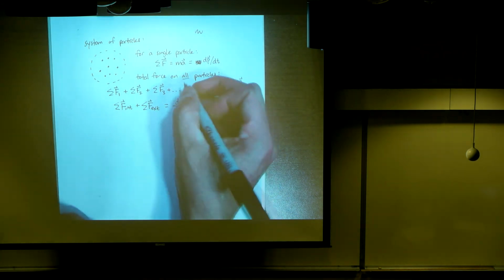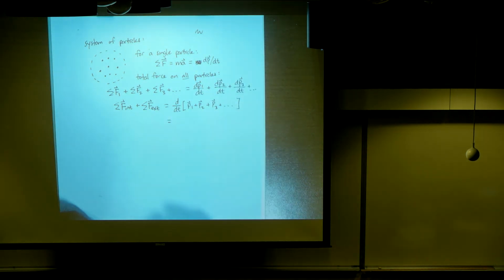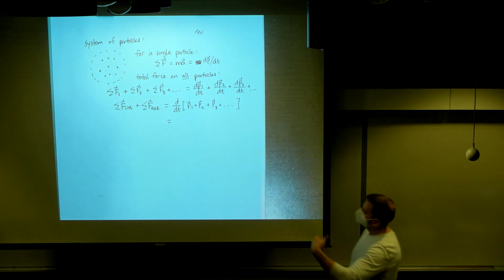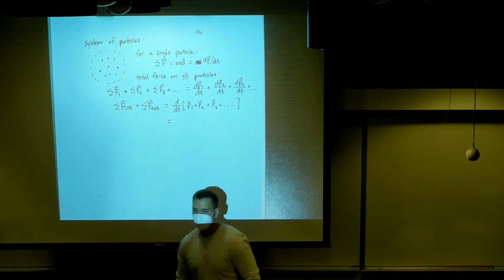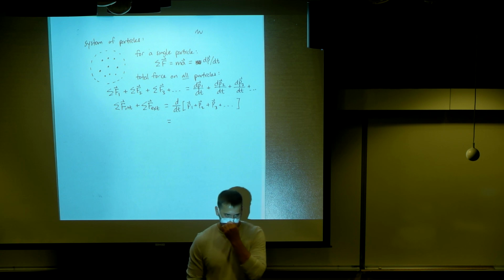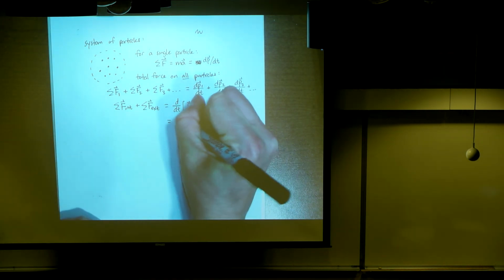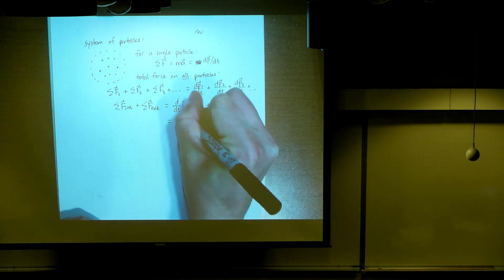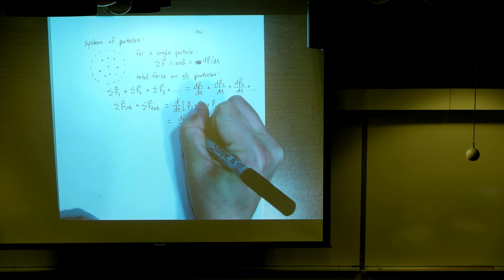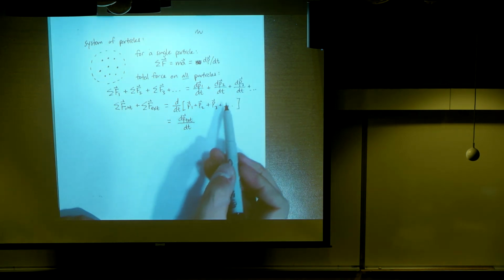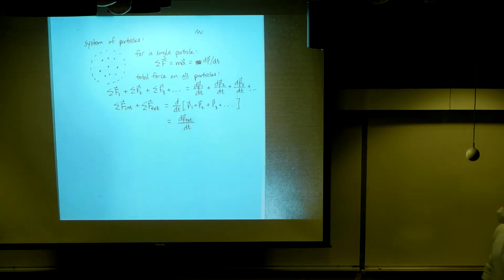So, let's take a look at both sides of this equation a little more carefully. What do I get when I take P1 plus P2 plus P3 for the whole system? What is that? Just adding up all the momentum vectors. That's the total momentum for my system, right? So this is saying take the derivative of the total momentum of your system.